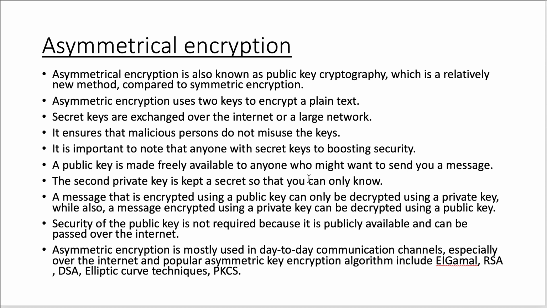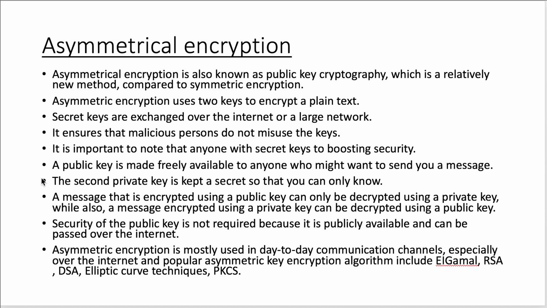And asymmetric encryption uses two keys to encrypt a plain text. Secret keys are exchanged over the internet or a large network, and it ensures that a malicious person does not misuse the key.